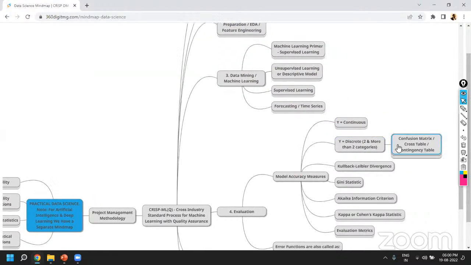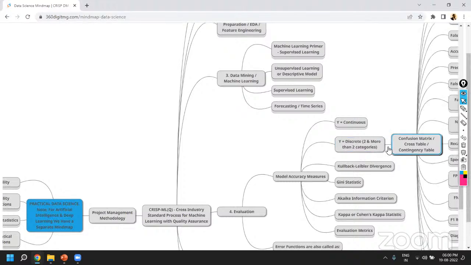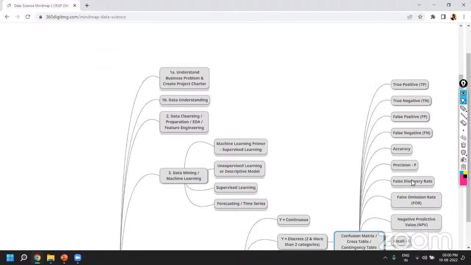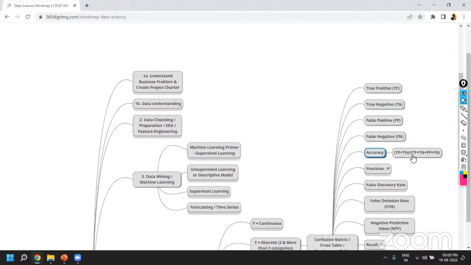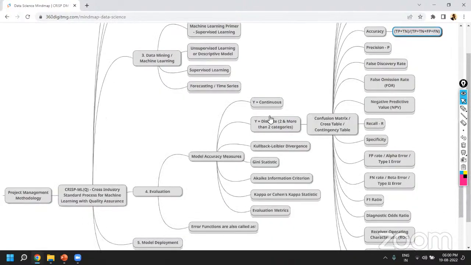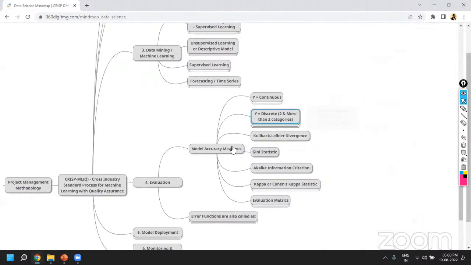If it is discrete, that is categorical data, then we have something called a cross-table or confusion matrix. And we get true positives, true negatives. Accuracy is nothing but total true cases divided by all the total values. So this is your overall accuracy. So this is how we do the calculation.